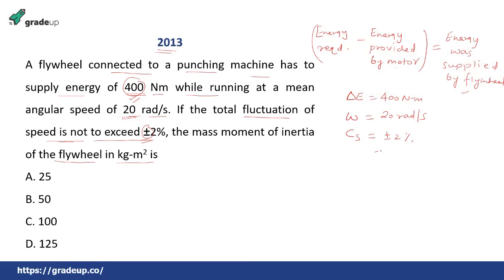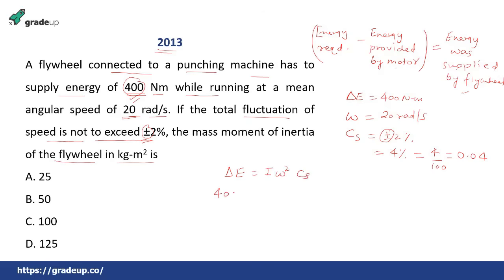So plus minus 2%, I told you that whenever this plus minus is given, this numerical value has to be multiplied by 2. So this becomes 4%, or 4 divided by 100, getting converted into fraction, this becomes 0.04. So you know that delta E is equal to I omega square CS.